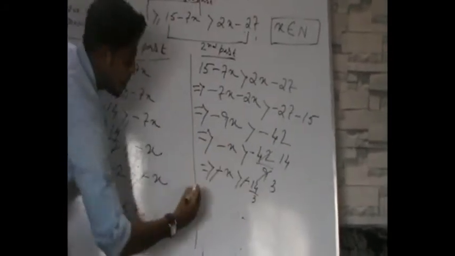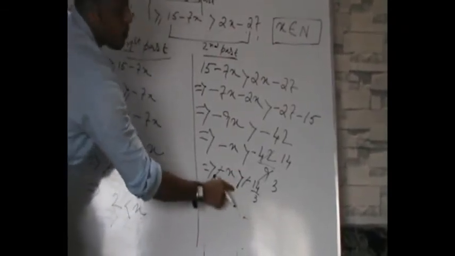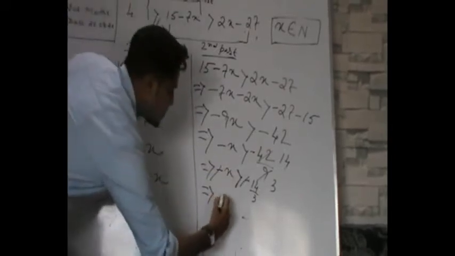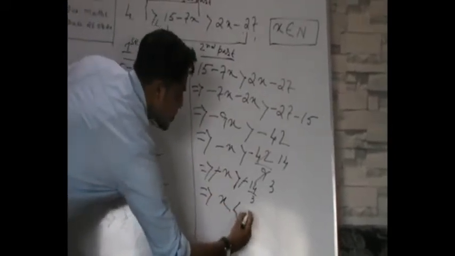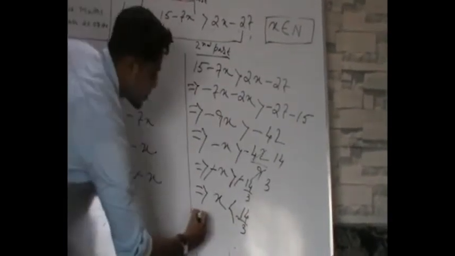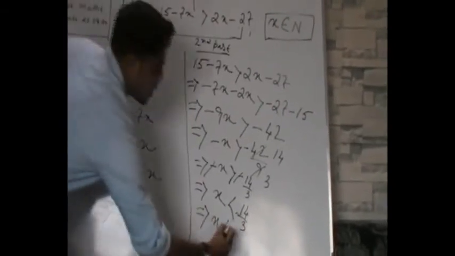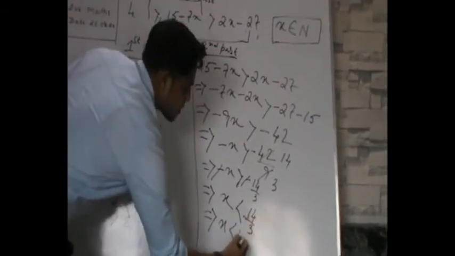That's why in the same way we cancel out the minus on both sides, and this greater sign is now converted into lesser. 14 by 3 means 4.6, near about 4.66. This is the solution of the second part. Now, clear? Now we have to merge these two parts.